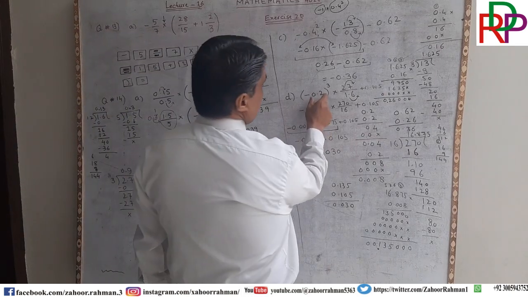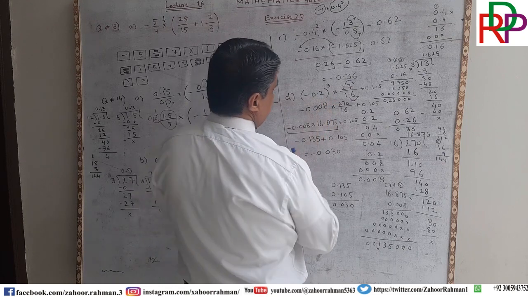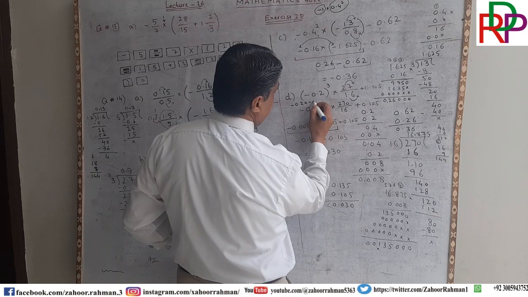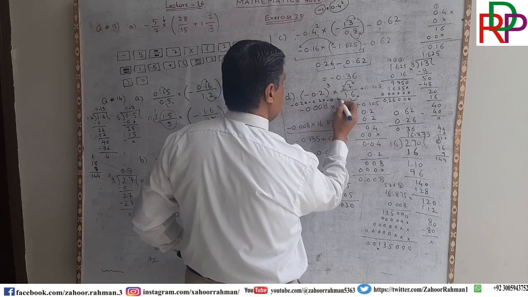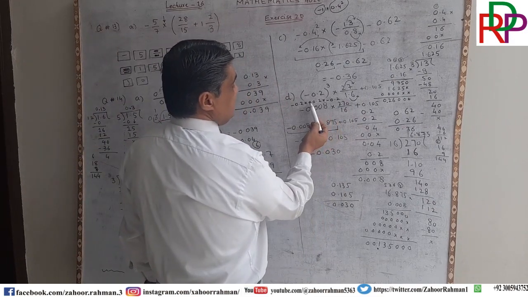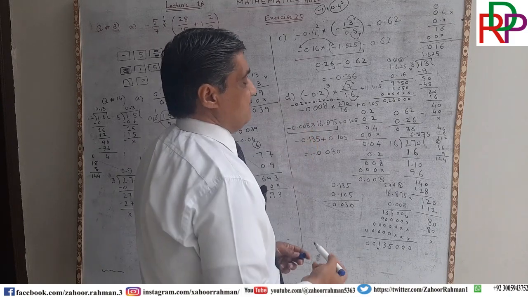So we have to multiply 3 times, it means that minus 0.2 multiplied by minus 0.2 multiplied by minus 0.2. So this minus with this minus plus, and again plus minus with this minus.